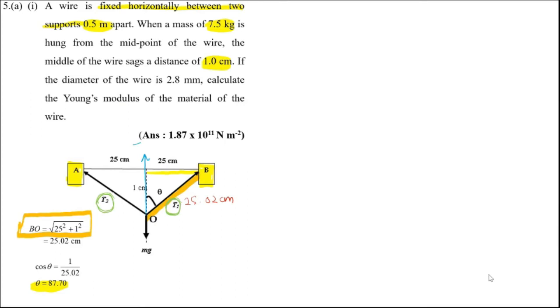Another one we have tension T1y. Okay, so from that we can find the tension in terms of mg.